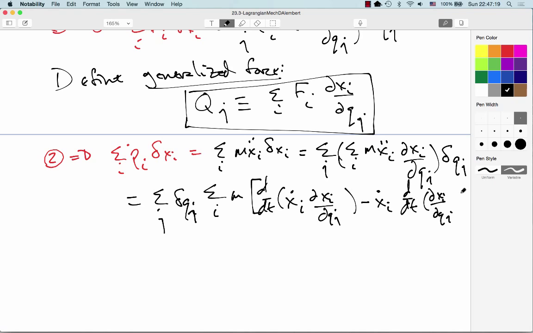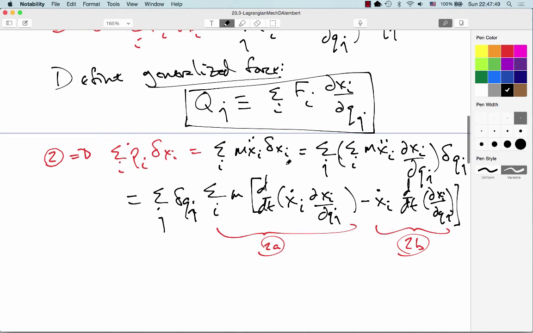Okay, so that was just rewriting this as a total derivative. Now we had to throw in a correction to get that back out. So we have two sums. Let's call this one 2a, and that one 2b, and we'll look at those terms in turn in just a bit.